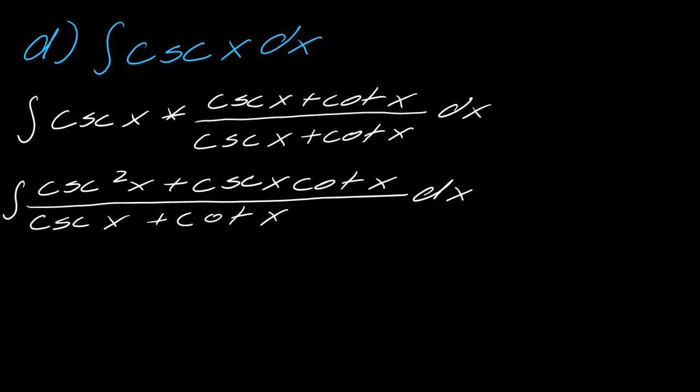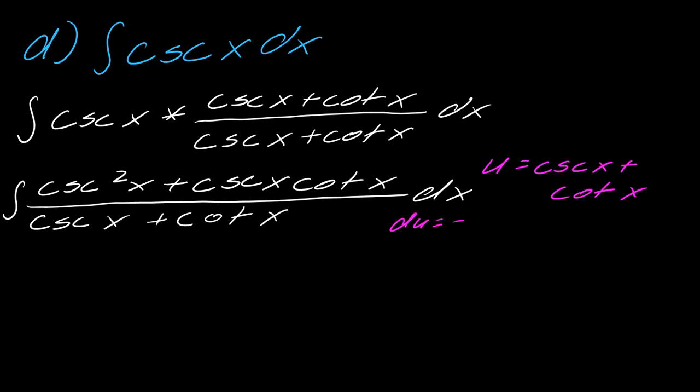And so then your u will be the same kind of deal as last time. So my u is cosecant x plus cotangent x, and then my du. This is the only thing that's a little bit tricky. The derivative of cosecant is negative cosecant x cotangent x. Let me write all of this maybe under here.